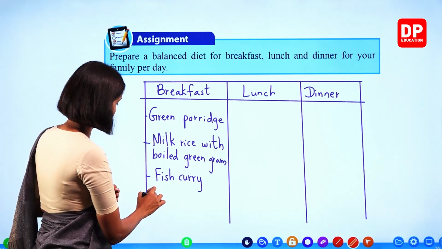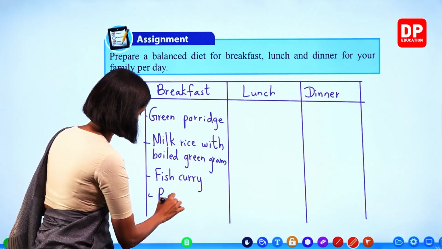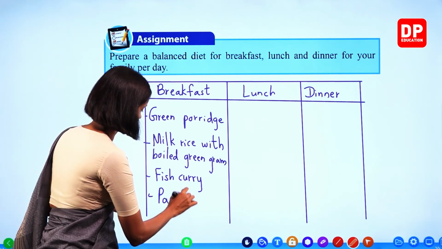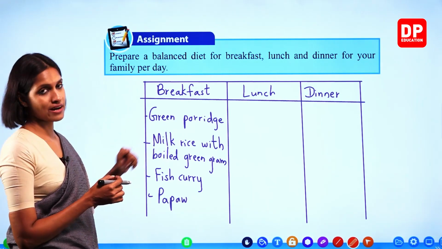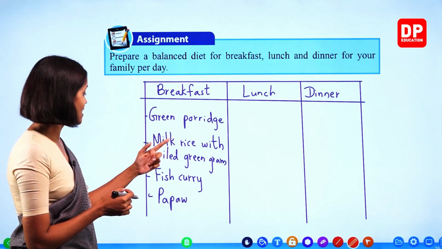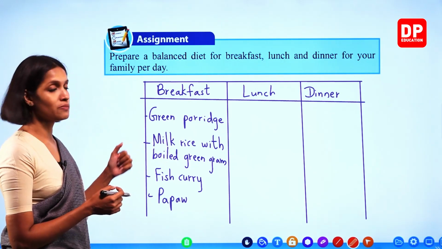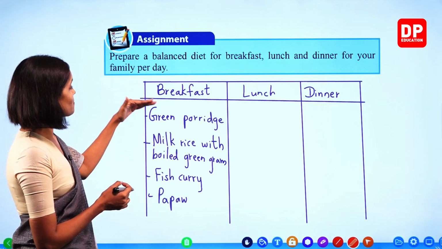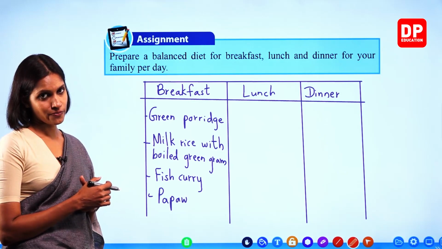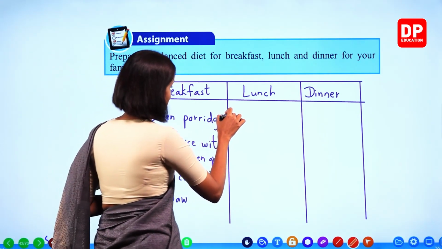Then finally we can add a piece of pepper. Right? So carbohydrates are in milk rice, proteins in green gram and fish. Okay? Lipids are also present in fish. Right? Vitamins and minerals are given by green porridge and pepper. Right, children? Okay.